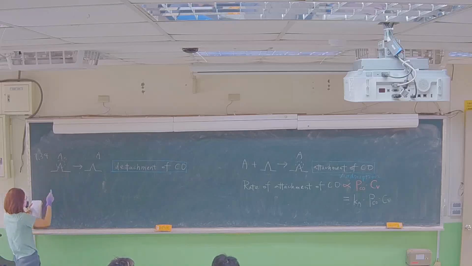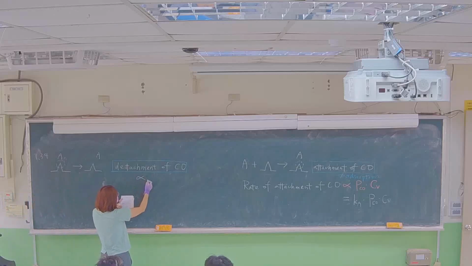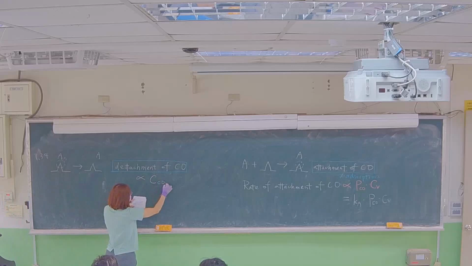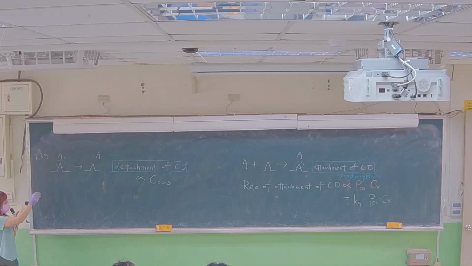So this one is proportional to COS. The more sites occupied by CO, the higher the detachment rate.